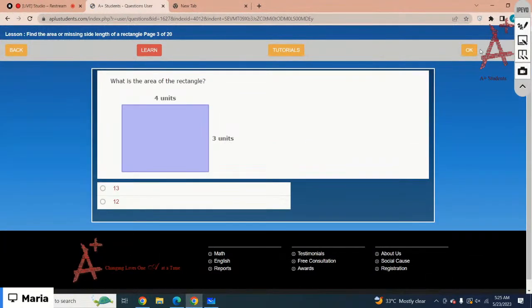Okay, again, what is the area of the rectangle? You have to do 4 times 3. Length times width, that would be 12.